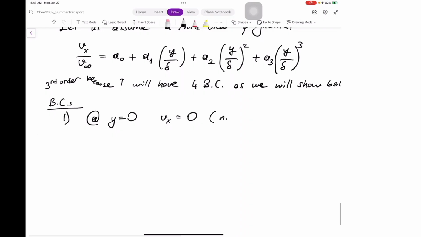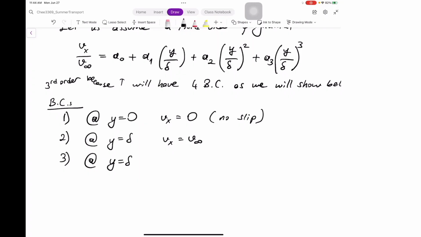This is called the no-slip, right? 2, at y is equal to delta, Vx is equal to V infinity. 3, at y is equal to delta, the velocity profile does not change anymore, so it's going to look like del Vx over del y is equal to 0.